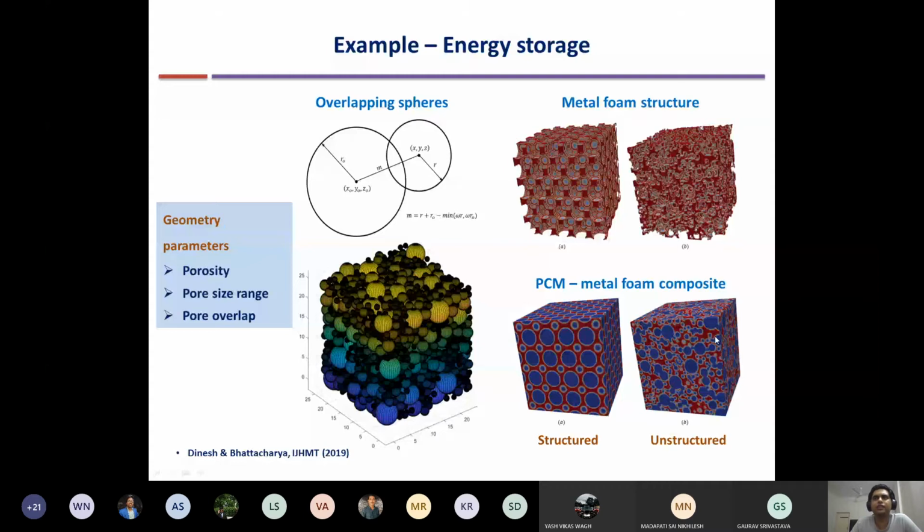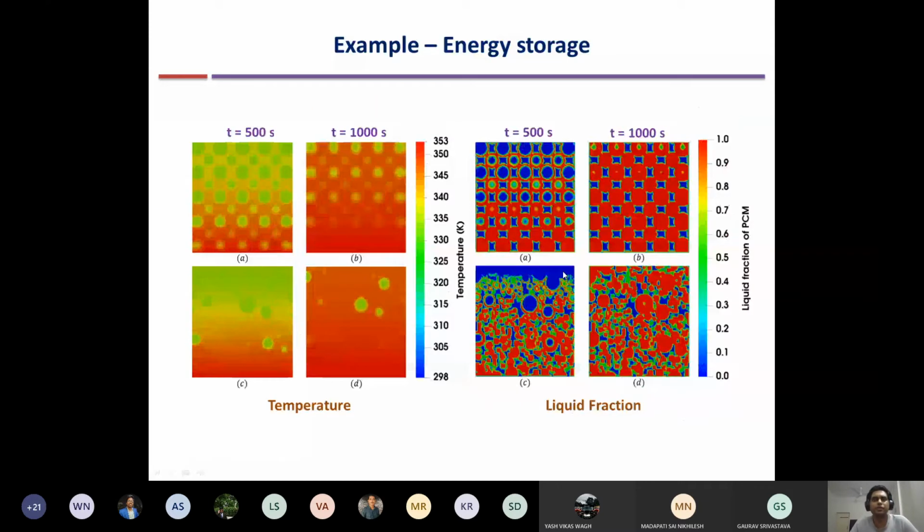When you need the energy, you cool it and this heat is removed and you get the energy and it becomes solid. The metal is present so that the heat is quickly transferred to the interior region. So this type of problem we can also solve.